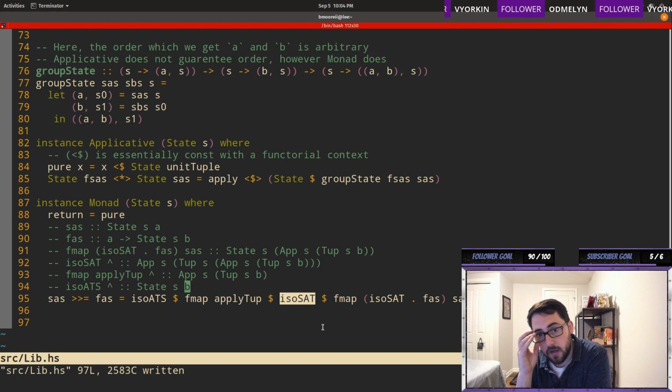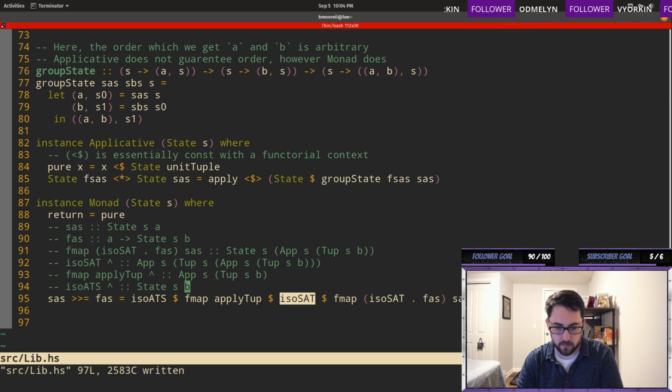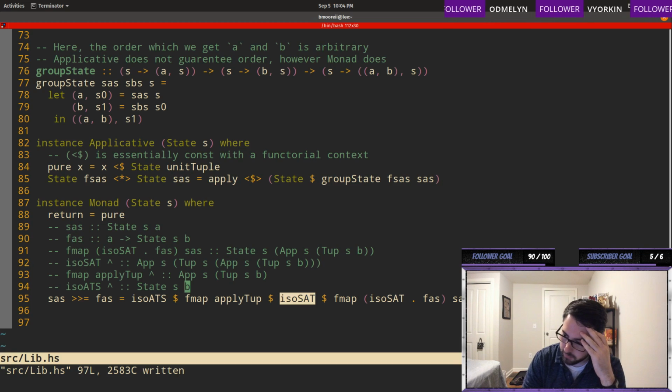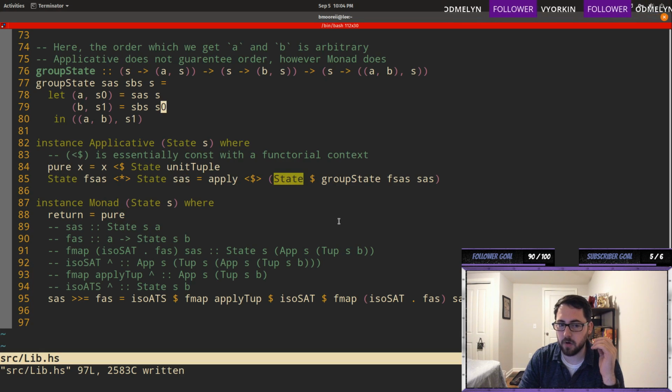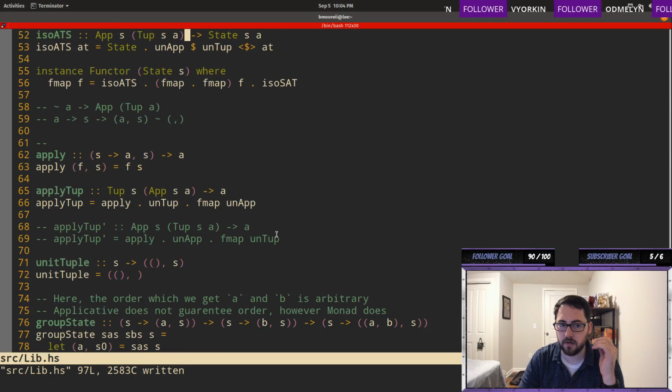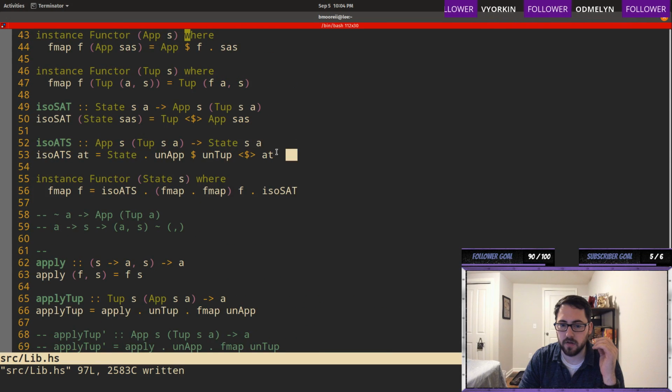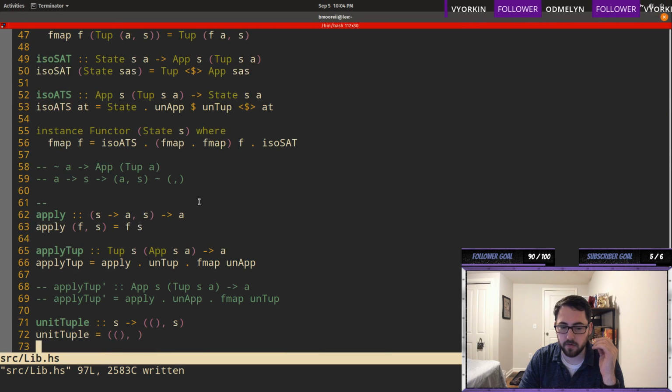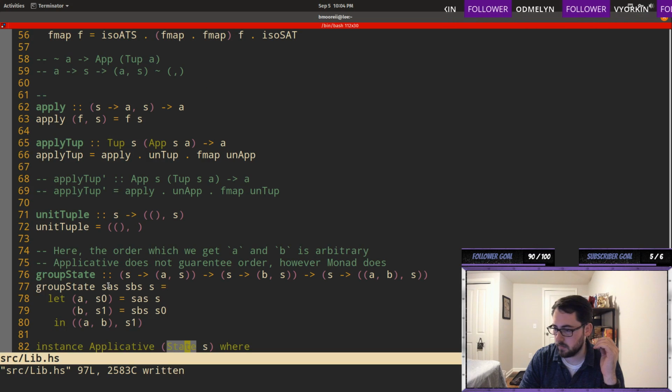Okay. It's way late. So the only other thing I have to ask, because now I'm very curious, how does this help me in the future again? Like, this is generic? In what sense? How is this generic? Does this work for any monad as long as I can define the isomorphisms and these functions?